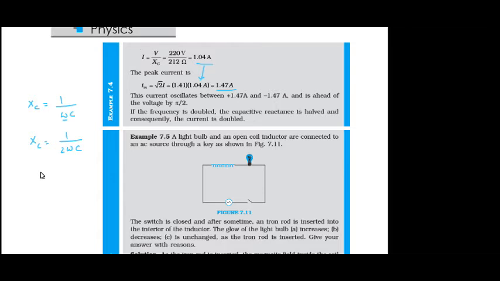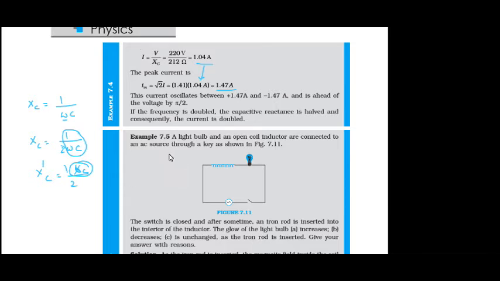Then what will happen? Of 1 by omega C we can write Xc. So X dash c will be Xc upon 2. If the frequency is doubled, then this is halved, X dash c is equal to Xc by 2. So it is halved.